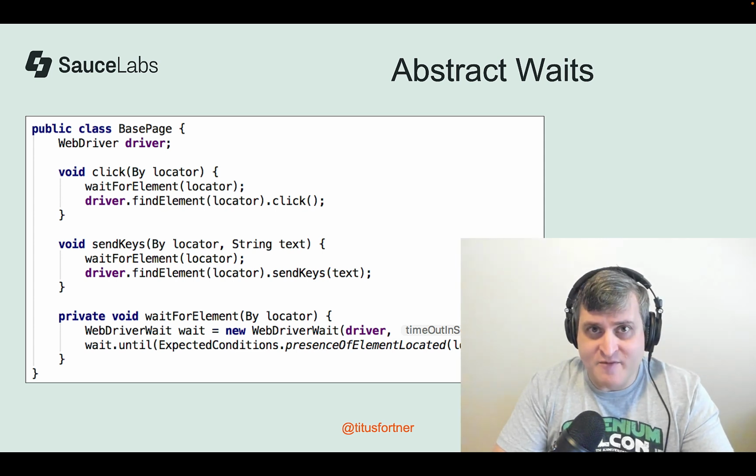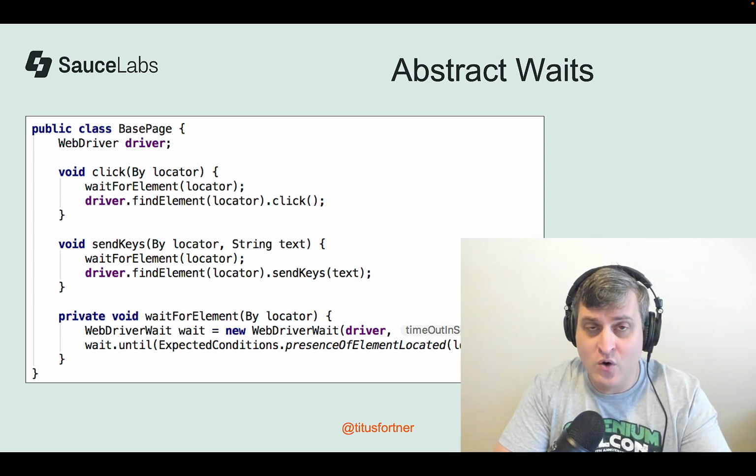Another big problem a lot of people have comes with stale element exceptions. You pretty much have two choices when you're working with elements. You can always locate the element every single time you go to use it, but that is not very performant and comes with a lot of other issues. Or you can cache the element in a variable and use that, but that risks a stale element exception if something on the page has changed, if there's a refresh, or even if something else gets added to the DOM.